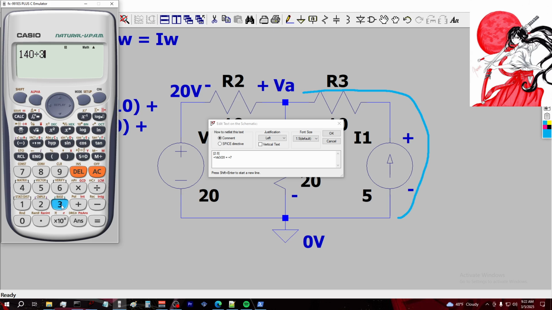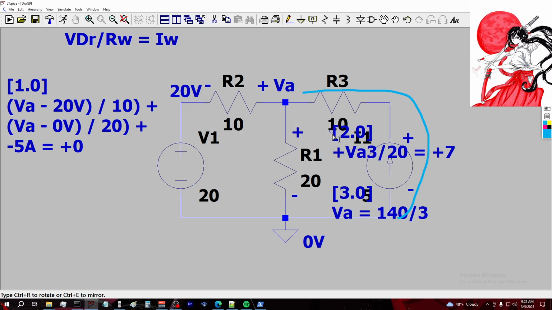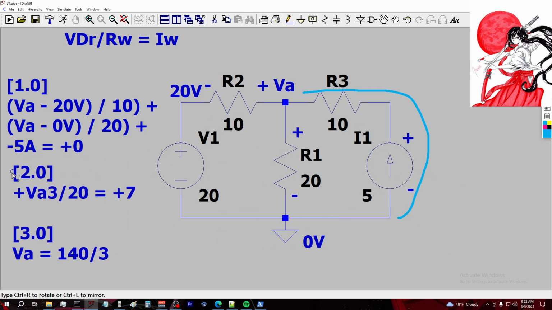Nope, it's not. So VA is equal to 140 over 3.